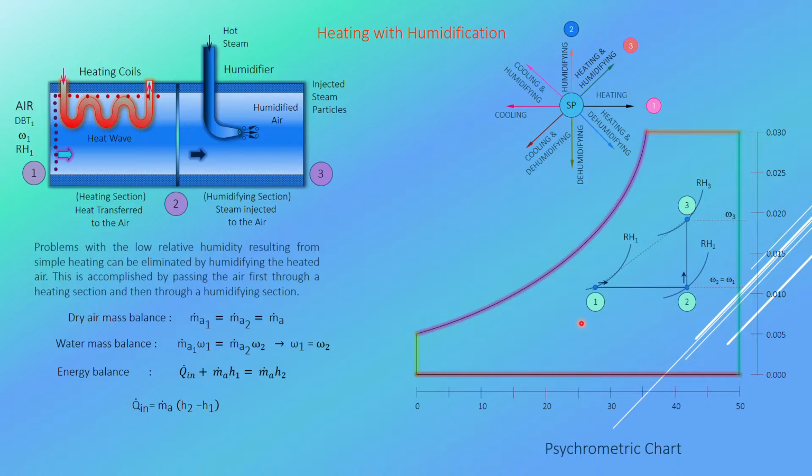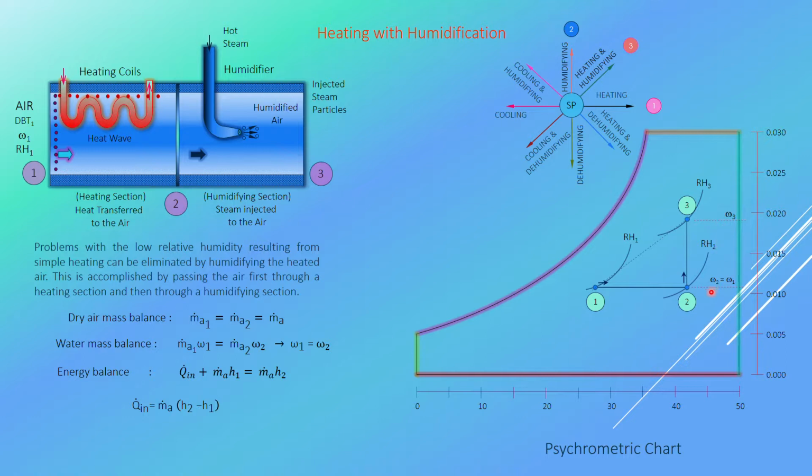Now for the heating and humidification process, as you can see, 1 to 2 here is a heating process, and from 2 to 3, it may go further up, because if you are having superheated steam here, point 2 might shift to another point 3, and then it will have an increase in specific humidity because you are adding in moisture. You are adding superheated steam to the air.